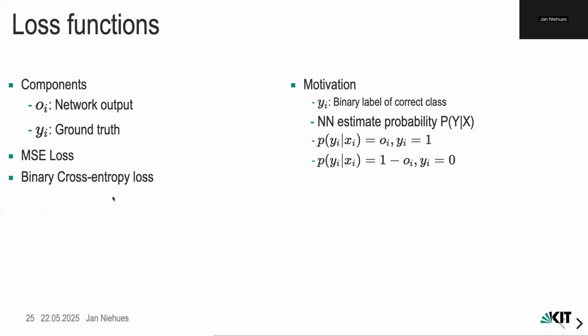How you typically model that, if you have a binary class, is you only have one single output neuron, and then the probability of y_i given x is the output. So if y_i is 1, and if y_i should be 0, the label, then you can get the probability of 0 as being 1 minus o_i. That's a nice thing. If you have binary, you only need one probability because then you can directly get the other probability, because they have to sum up to 1. So the other value is 1 minus this one.